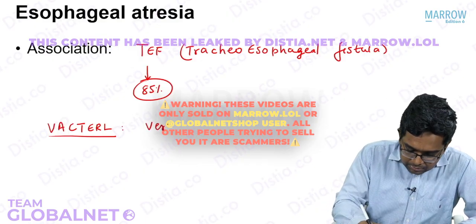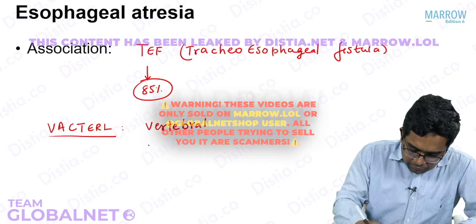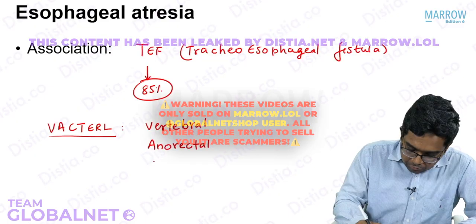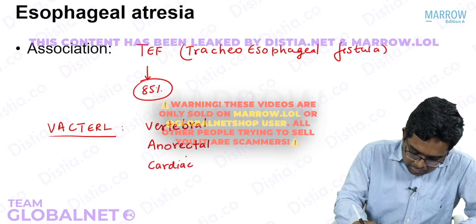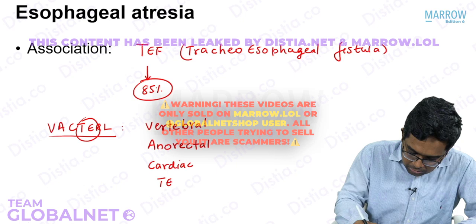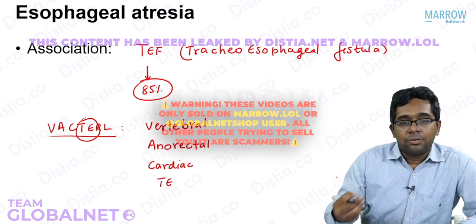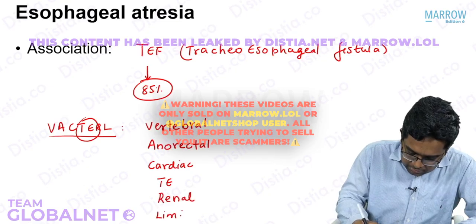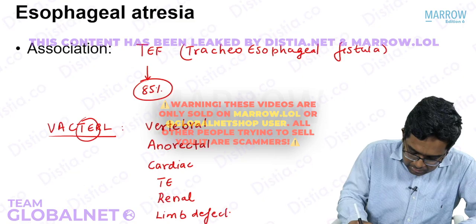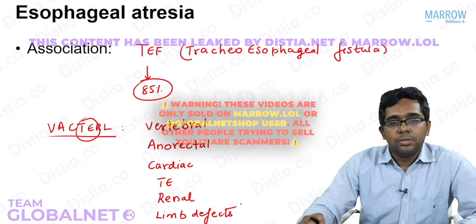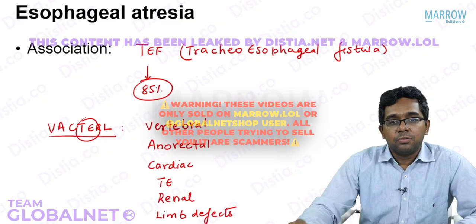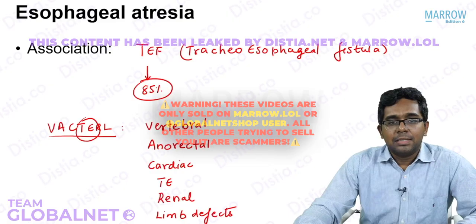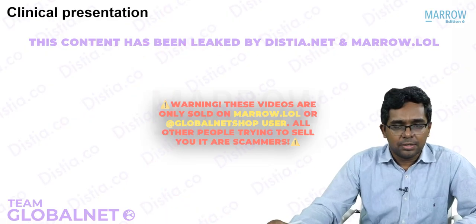V for vertebral defects, A for anorectal malformations like anal atresias, C for cardiac defects, and TE is for tracheoesophageal fistula and esophageal atresia, R for renal anomalies, and L for limb defects. This is what is a VACTERL association. So always remember, whenever you get a case of esophageal atresia, you have to evaluate for these associated anomalies as well.